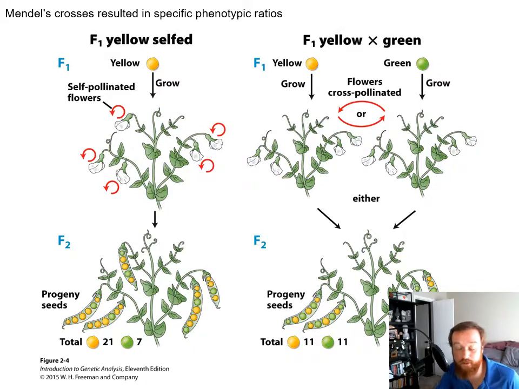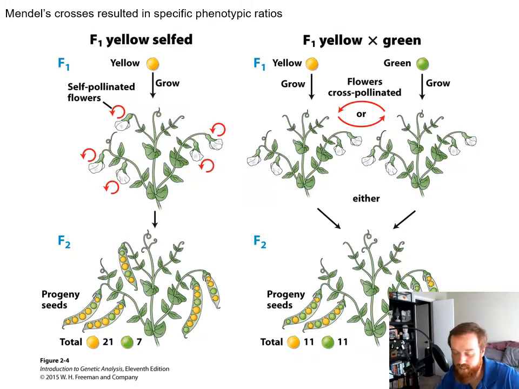So he took a plant that produces yellow peas and he took the pollen from that to pollinate itself, and he found that the offspring of that self had a predictable ratio of 3-to-1 always, where roughly 75% of the offspring had the yellow phenotype that we saw in the adult, and 25% of those offspring, excuse me, had a green phenotype. So they didn't look anything like the parent. So when we selfed this yellow pea plant, we have a 3-to-1 ratio.